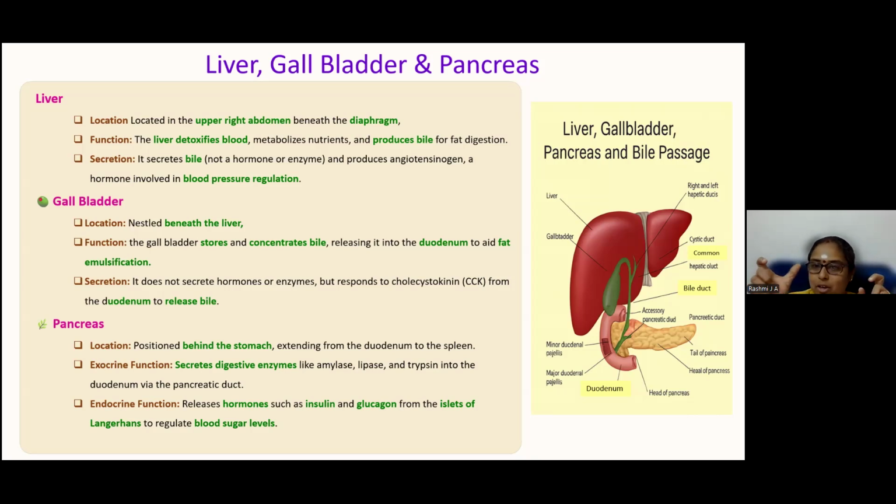It is a bit long a term, so I will type it in the WhatsApp group for your better understanding. So exocrine function secretes digestive enzymes like amylase, lipase, trypsin into the duodenum via the pancreatic duct. Endocrine function releases hormones such as insulin and glucagon from the islets of Langerhans to regulate the blood sugar level.